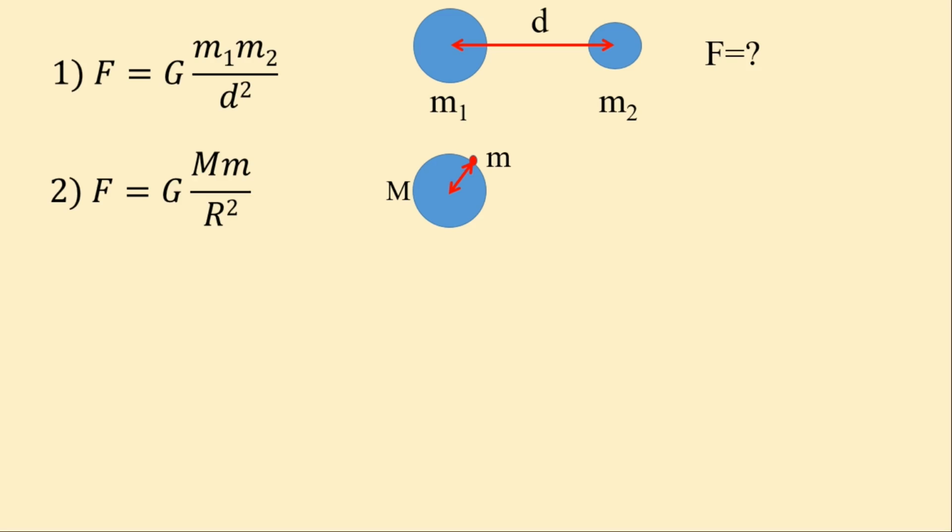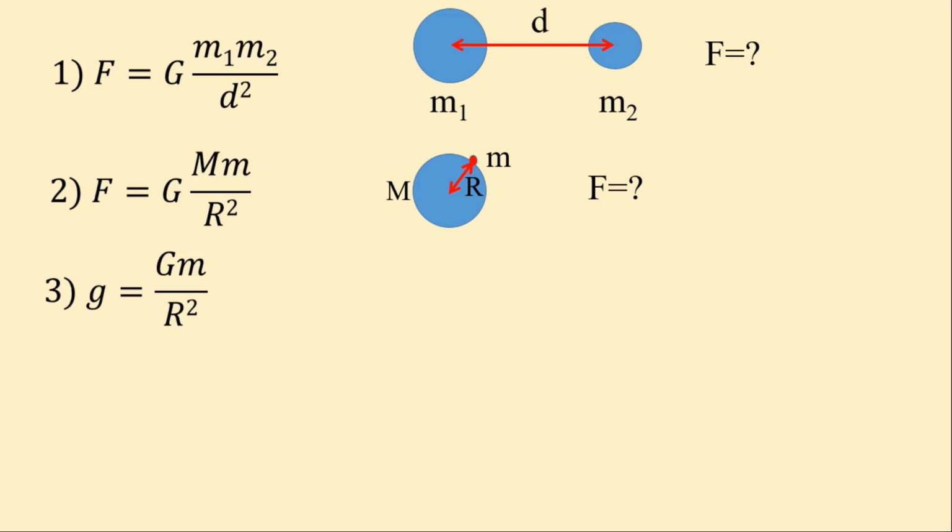Using the radius of the huge body we can calculate capital F, the gravitational force between them. That is F equal to G M m by r square.